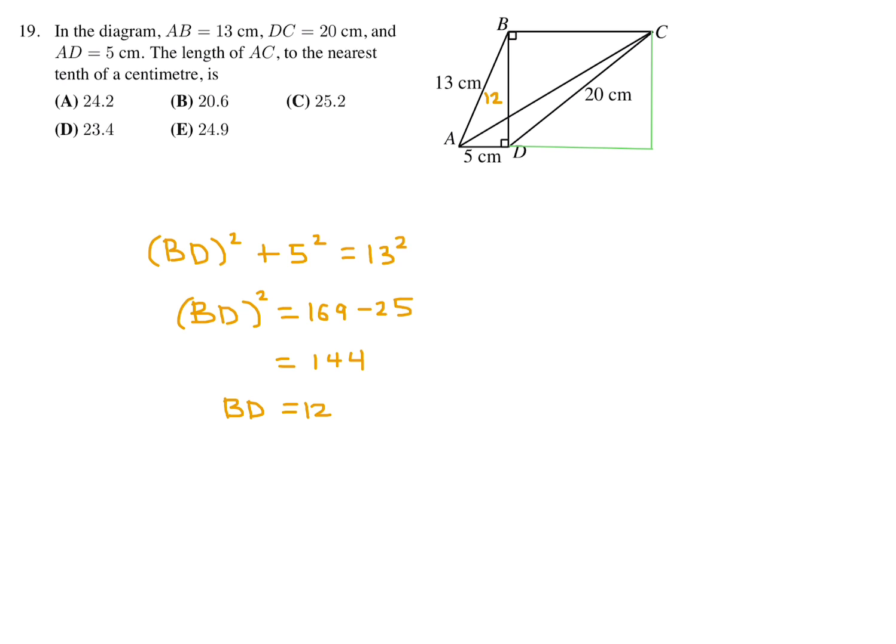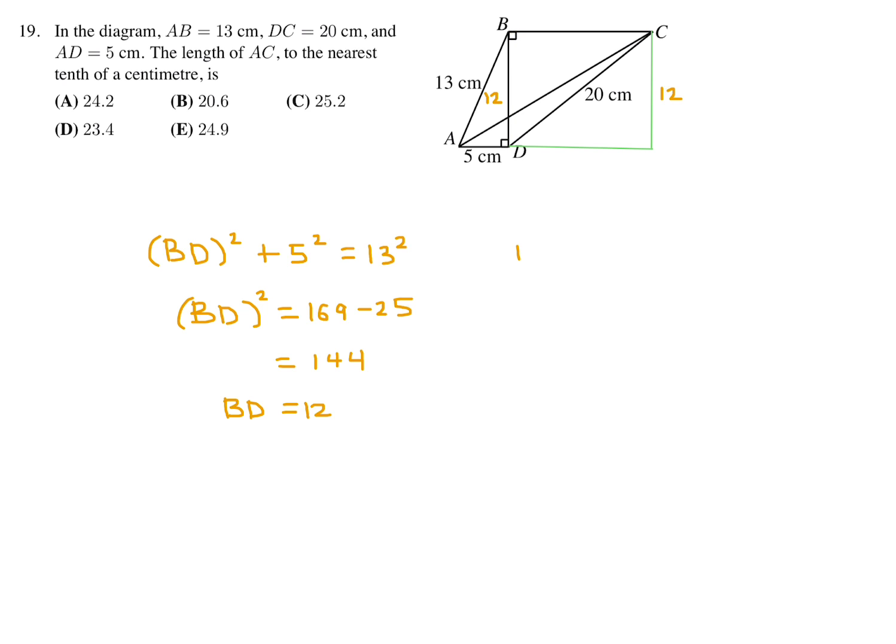And if you do that, it will help out, because you'll notice that since this line is exactly like BD, it has the same length, 12, and therefore if I can figure out this distance right here, I can be sure that I can figure out AC, which is this diagonal. To do that, I'll figure out BC. BC I can get with Pythagoras on this triangle right here.